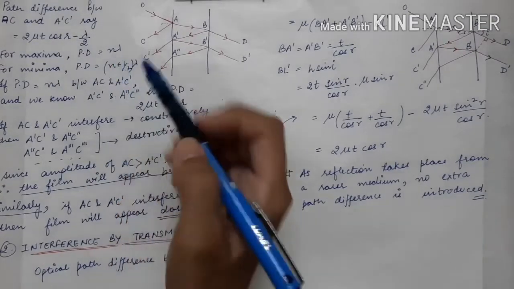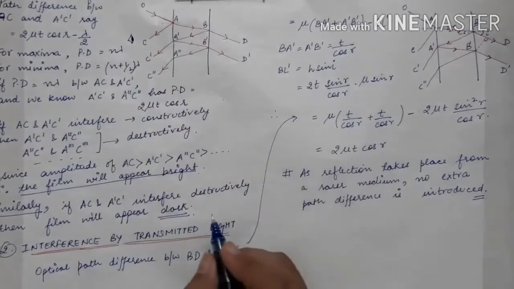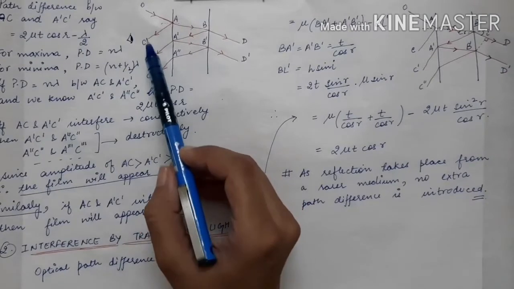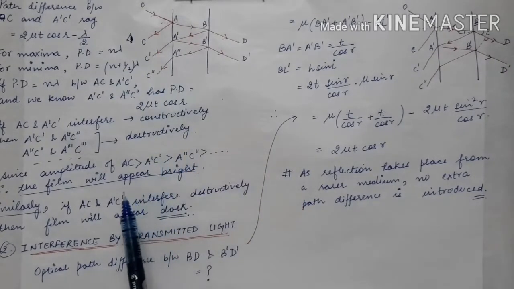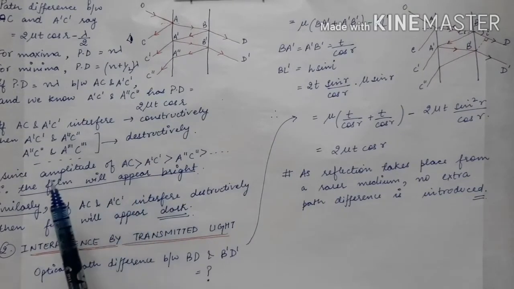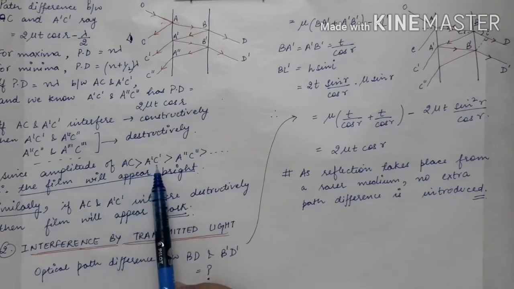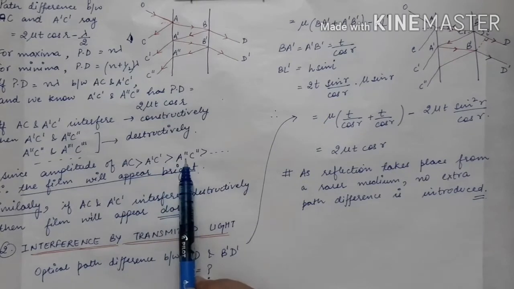So if the film is seen from the left hand side, the first two reflected rays are interfering constructively, and all other reflected rays are interfering destructively. And we know the amplitude of the first reflected ray is greater than the amplitude of the second reflected ray, and this amplitude is even greater than the third reflected ray.